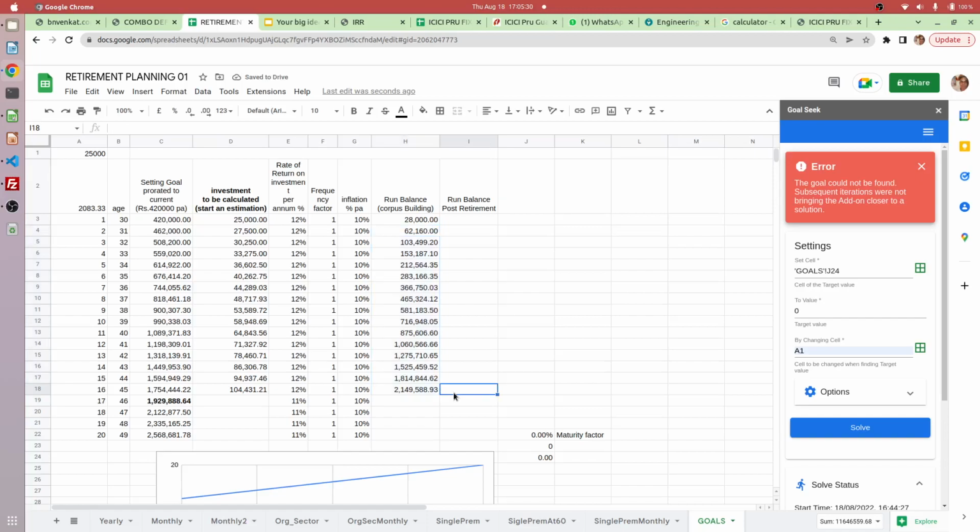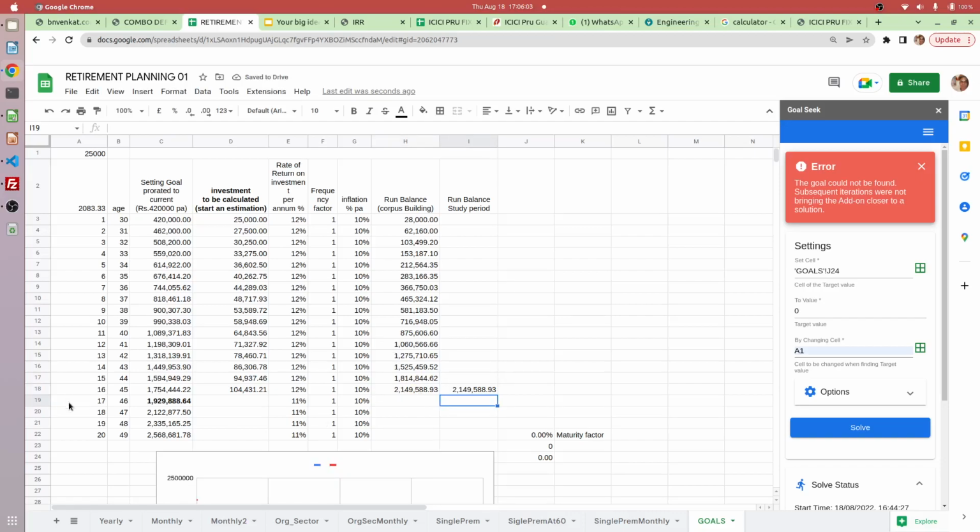And the running balance post retirement, see the heading is something different. The running balance we call study period. During the study period, at the end of the 16th year, that is just before college, it will be equivalent to the corpus generated itself.